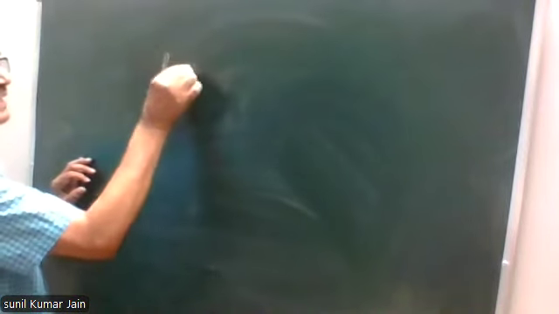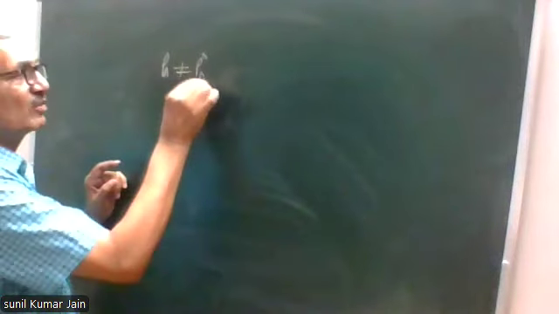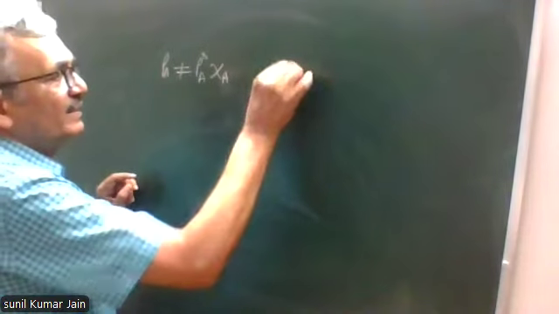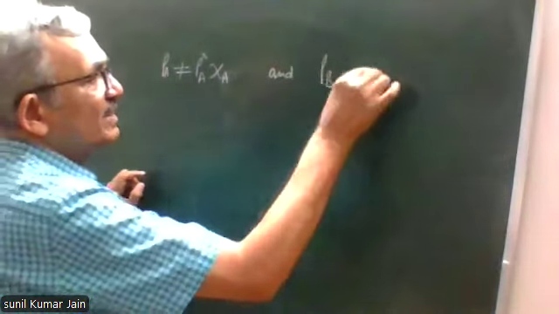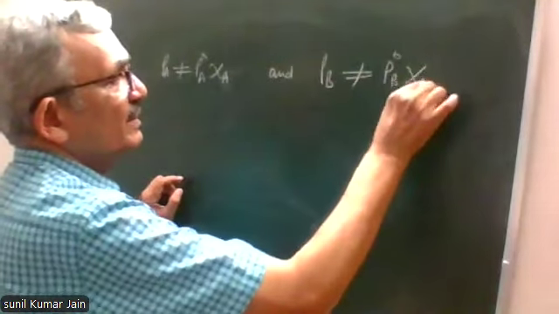That is, copy from the board, PA is not equal to P naught A chi A, and PB is not equal to P naught B chi B.